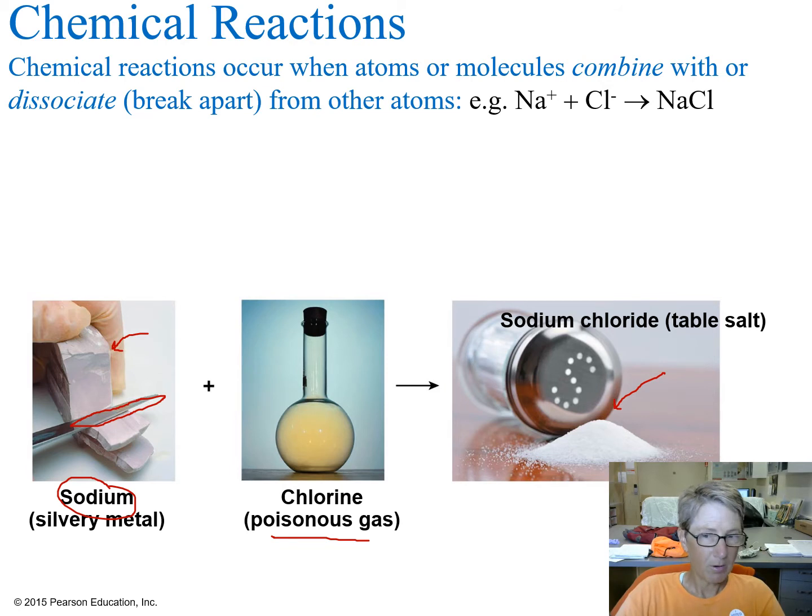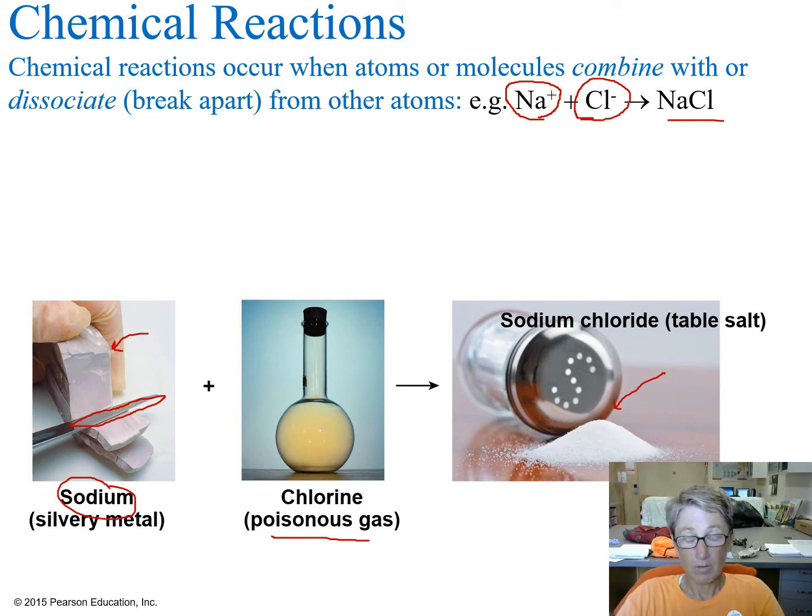But you put them together in their ionic forms. What I mean by that is sodium as a positive ion or a cation, and chlorine as a negative ion, aka an anion. You put their ions together and you get delicious table salt.